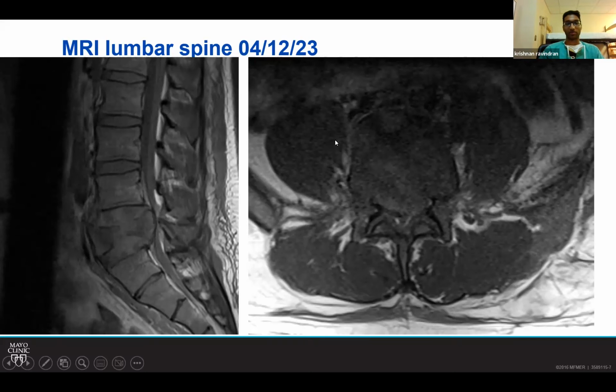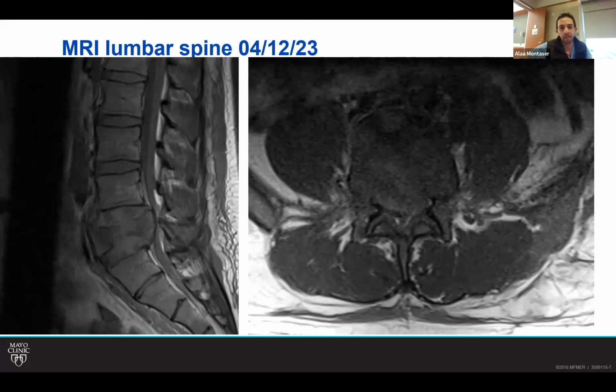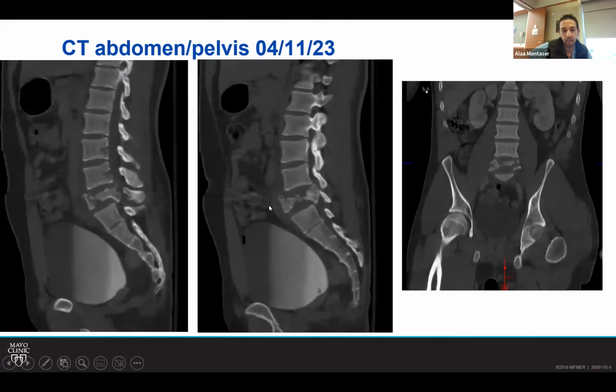Professor Montezer has a question. Thank you, Krishnan, for such a very interesting piece, and thank you, Dr. Q, for the comments. Back to the CT scan, actually talking about the other injuries, two things drew my attention. One, his bladder is distended, so this is something that you need to keep in mind, as well as a large air bubble in the midline.